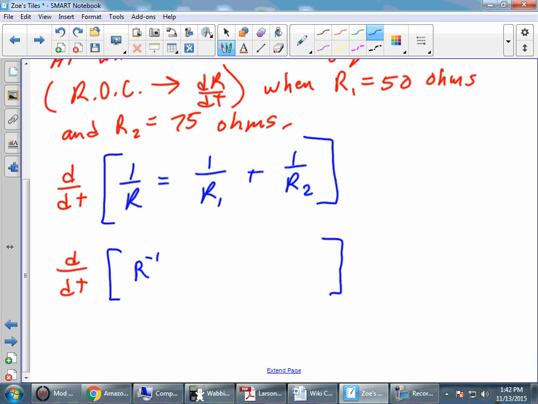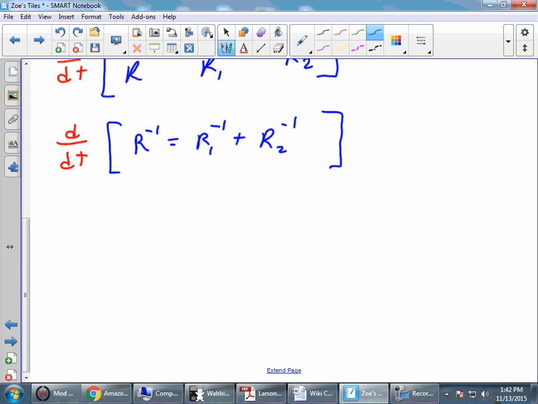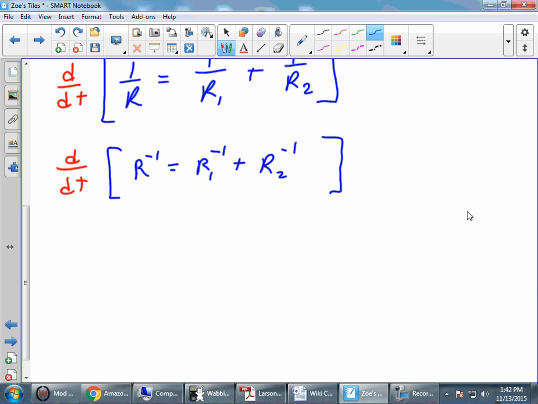R to the negative 1 equals R sub 1 to the negative 1 plus R sub 2 to the negative 1. You can. I think that's a good suggestion. Now, what are the derivatives going to look like for this then? Who haven't I picked on yet? Sophia, how is it back there? Quiet day.